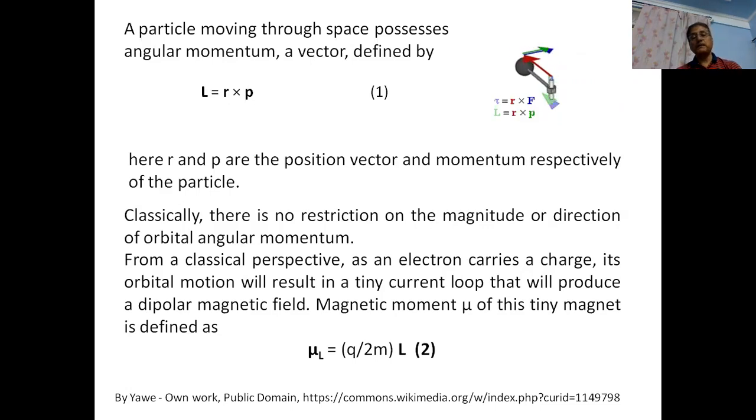From a classical point of view, an electron carries a charge, and therefore its orbital motion will give us a current loop, and that will subsequently produce a dipole magnetic field. The magnetic moment of this tiny magnet will be given by mu_L equals q by 2m into L.